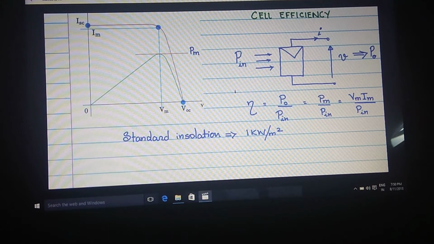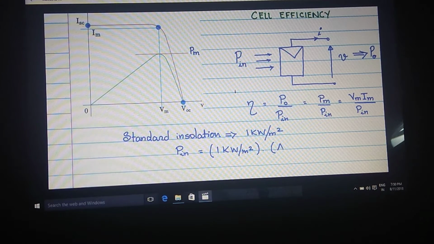And P in is given by 1 kilowatt per meter square into area of panel. What is the area of the panel?